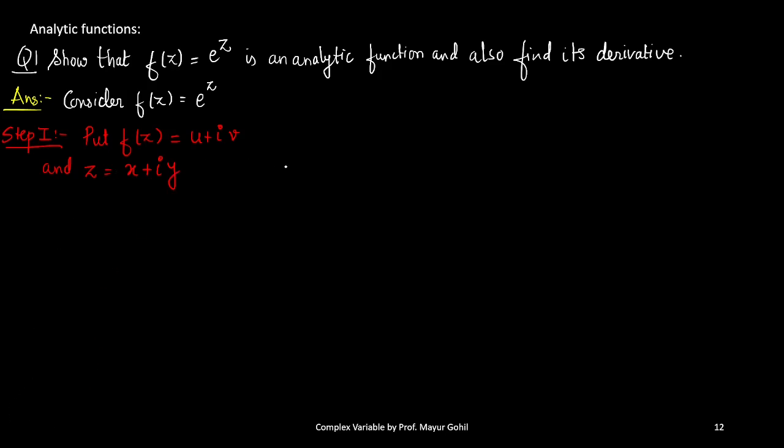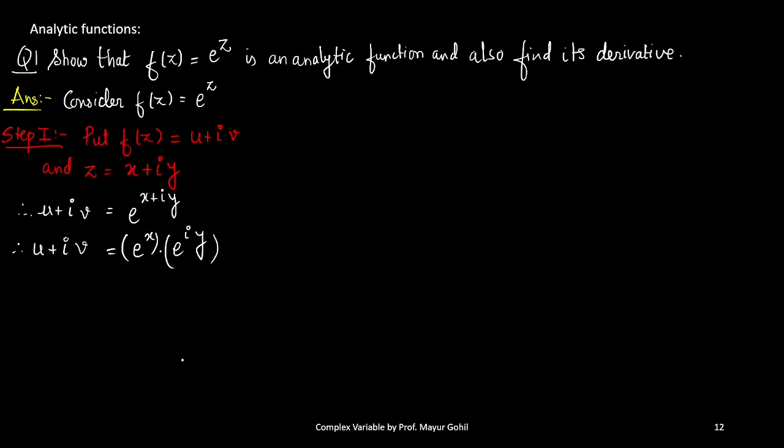So the moment you do the substitution, therefore u plus iv is equal to e to the power x plus iy. Now u plus iv is equal to e to the power x times e to the power iy. This is the basic rule of algebra, or laws of indices if we call it.